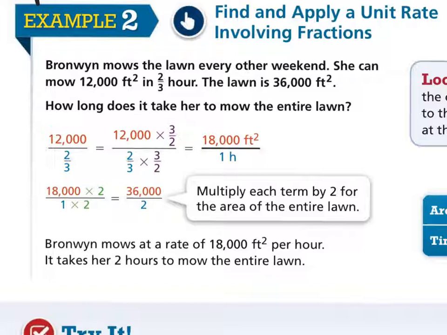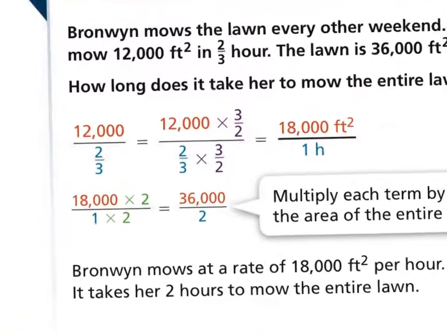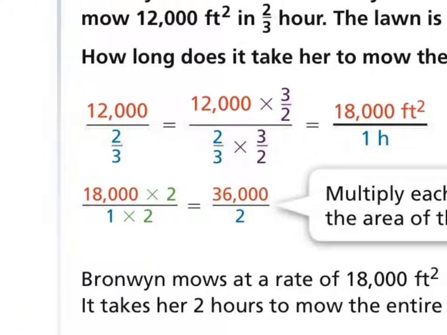So different ways we could do this. One thing is what the book's doing. They've got 12,000 square feet in 2/3 of an hour. They're multiplying that by 3/2, which basically is the same thing as if you did 12,000 divided by 2/3.